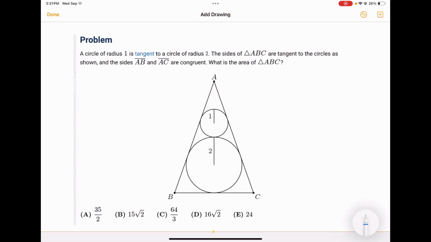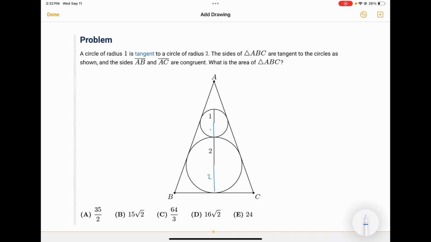Okay, so here we have the triangle, and the radius of each circle is 1 and 2 correspondingly. So this would also be 1, and this would also be 2. To figure out the area of a triangle, we can use the formula 1/2 times base times height.